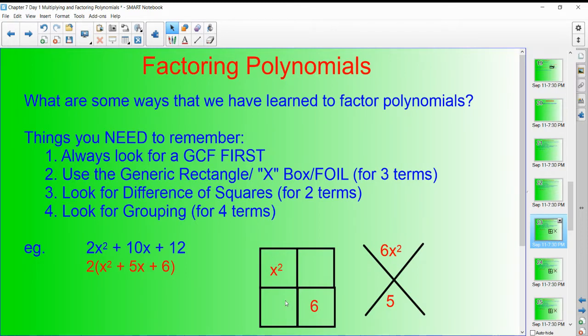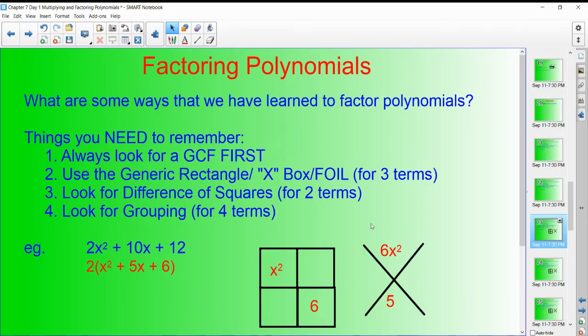Now the other 2 boxes are the mystery. It's what we have to find out. Now we know they have to add up to 5x, because if inside does not add up to x squared plus 5x plus 6, then I have a different problem I'm working on. But it also has to be true that this diagonal multiplies to the same thing as this diagonal. So whatever these 2 numbers are, they have to multiply to 6x squared.